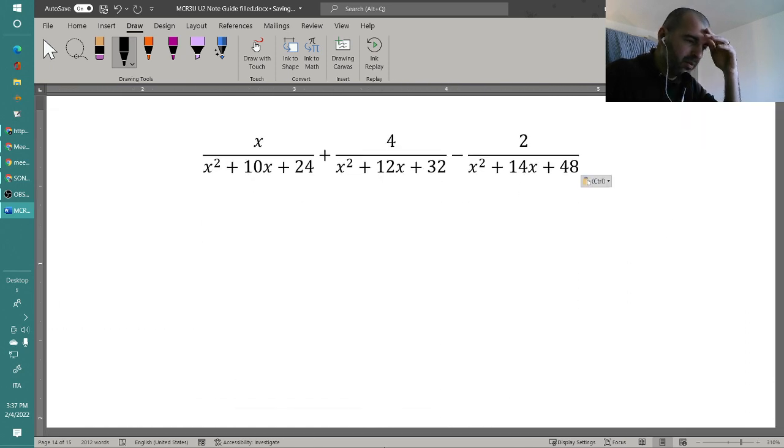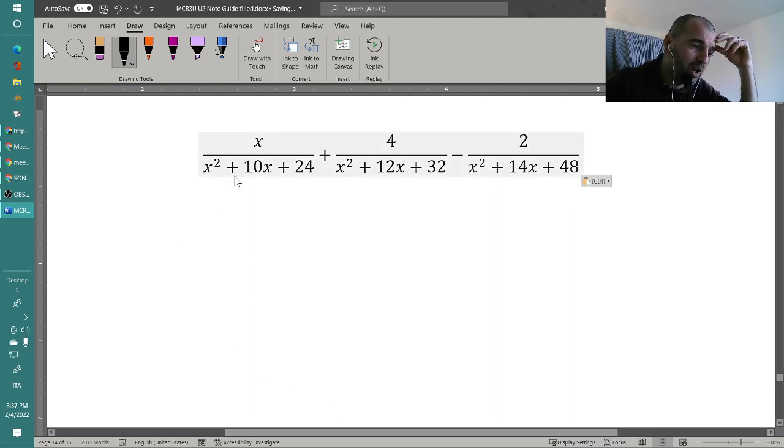So again here, we've got an addition and a multiplication. What we want to do in this one is take our denominators and factor them, because there are going to be common factors in some of these denominators.